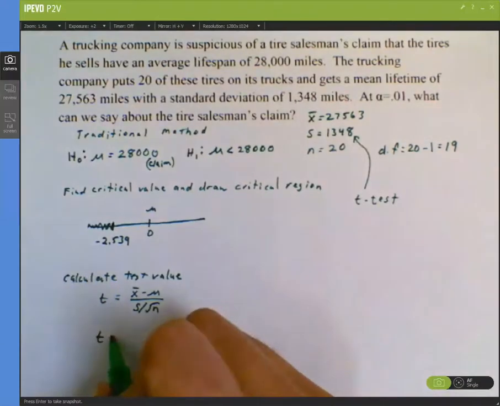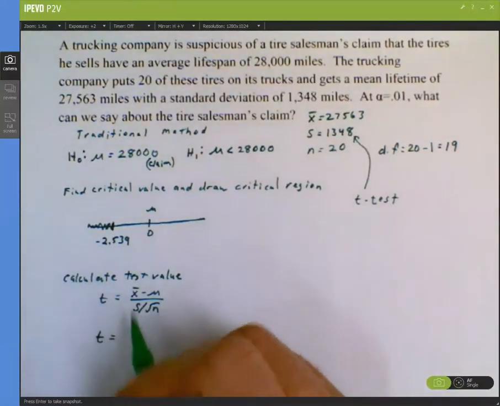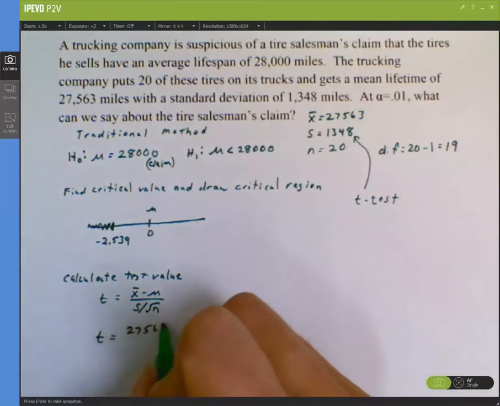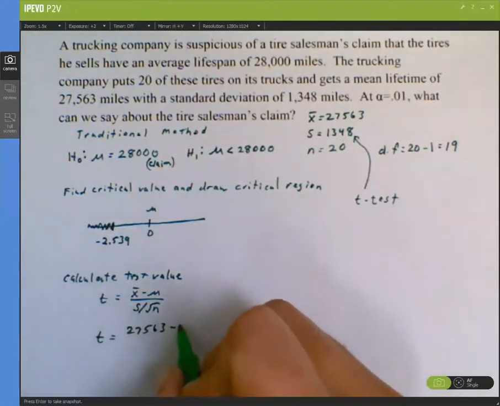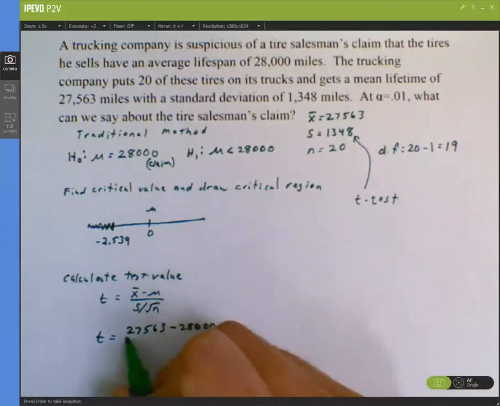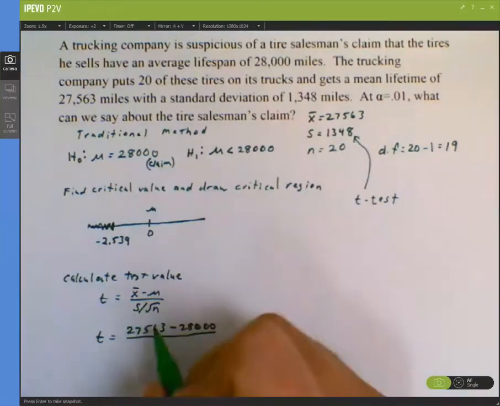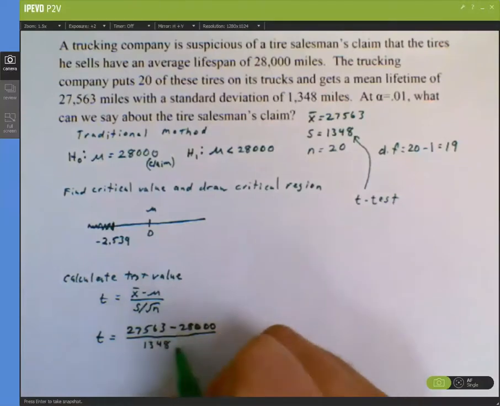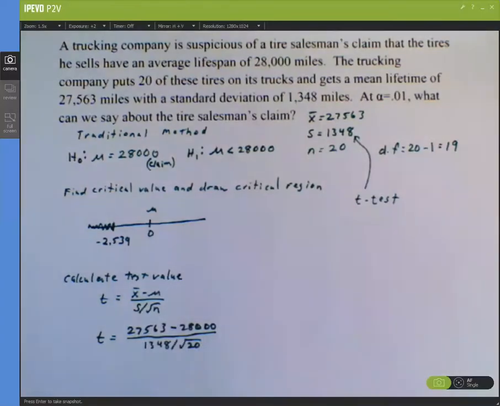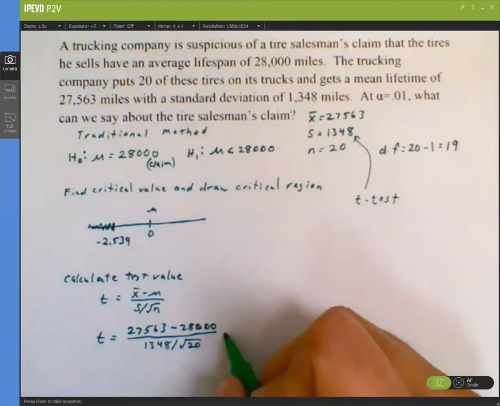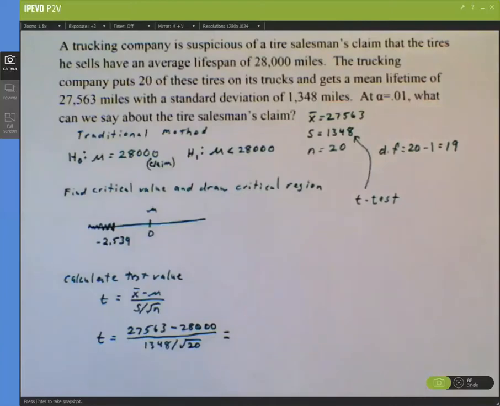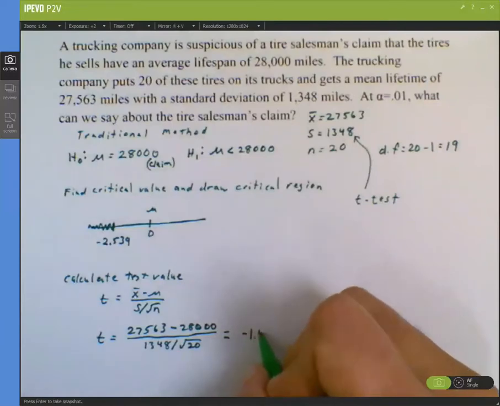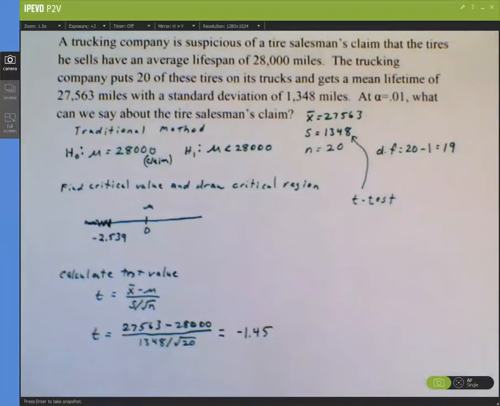Okay, so for this problem, we have t equals our X bar, 27,563, minus mu, divided by 1,348, our sample standard deviation, divided by the square root of 20. Okay, and when you calculate that out, we get a value of negative 1.45. Okay, so that's our test value.